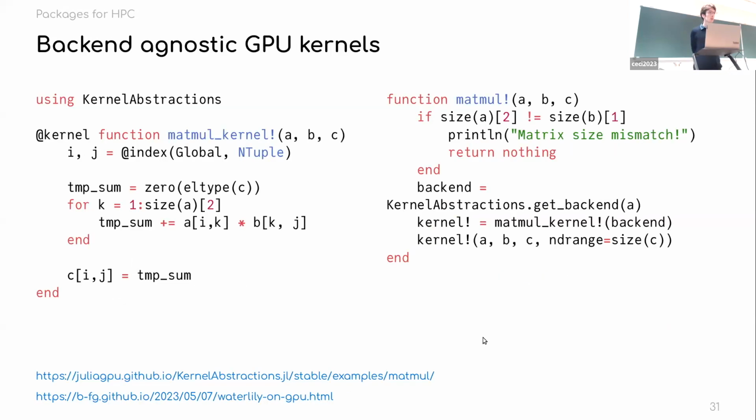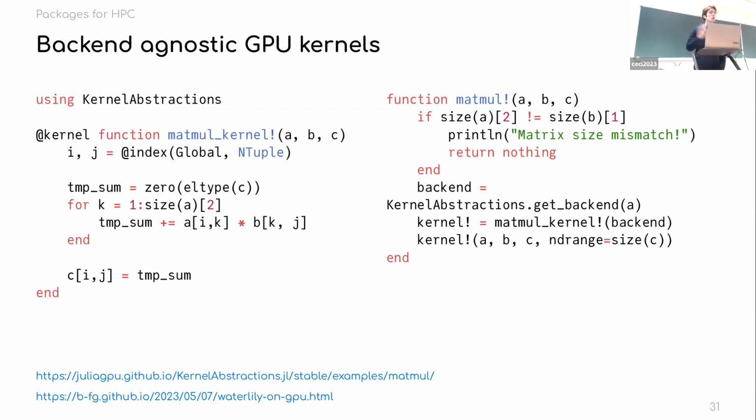But maybe you don't want your code to run only on CUDA GPUs. So there's a really nice package for that. It's called KernelAbstractions, which lets you define a kernel for a GPU in a backend-agnostic way. So what that means is that you define a kernel function, and then you give it a backend. This could be CUDA, this could be ROCm, any GPU backend you might want.